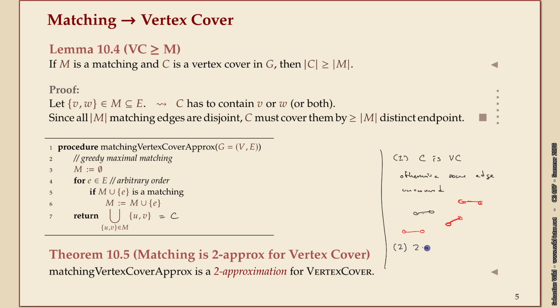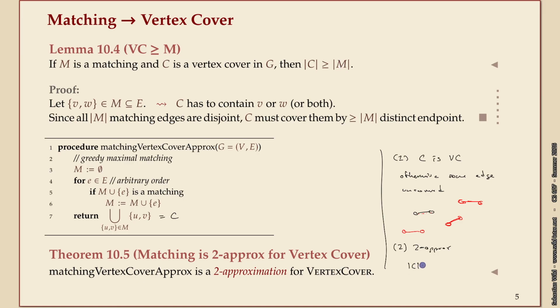And second, the fact that it's a 2 approximation follows from this lemma. Every possible vertex cover has to be at least as big as our specific matching, even if that's not a maximal one. And so we only do twice as bad by picking both endpoints.